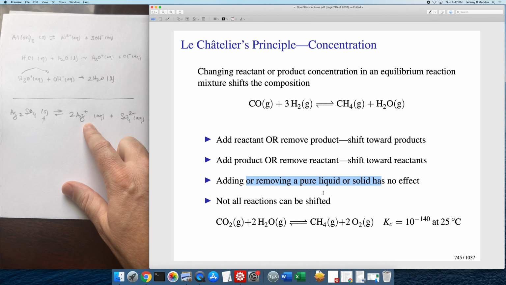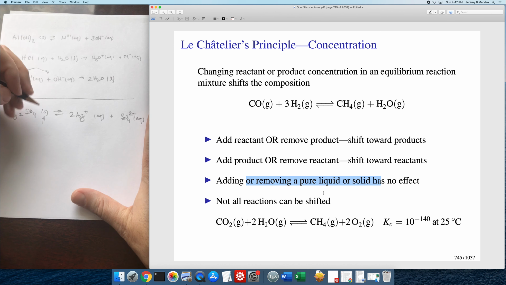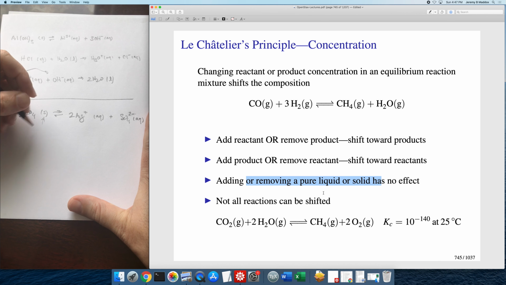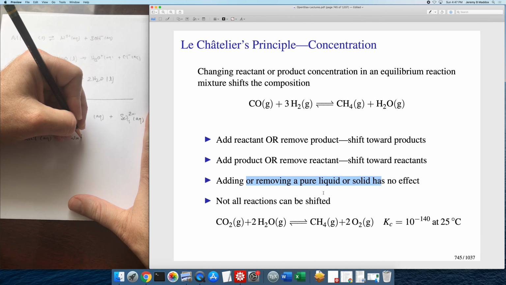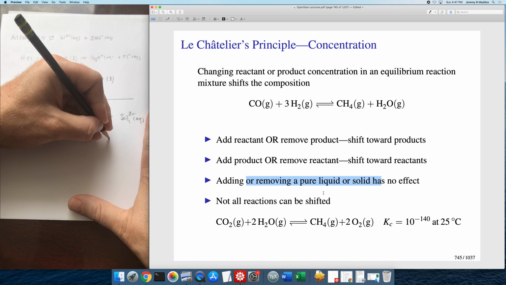The way to do it is to add something that will form a precipitate with the silver. We know from our solubility rules that most halide compounds are soluble. However, there are some exceptions, and silver chloride is one of those exceptions. So, for example, you could add some sodium chloride solution, which we know consists of sodium ions and chloride ions.